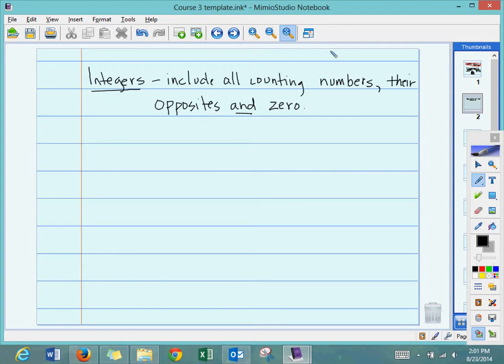Okay, so now we didn't even talk about counting numbers, right? We just jumped into integers. Counting numbers are 1, 2, 3, 4, and that will continue on forever.